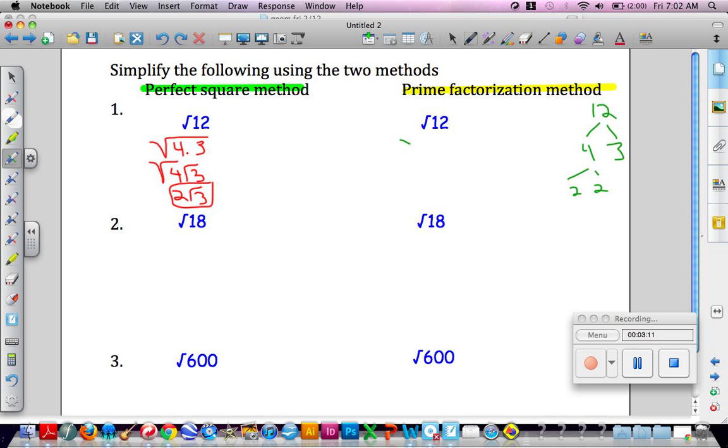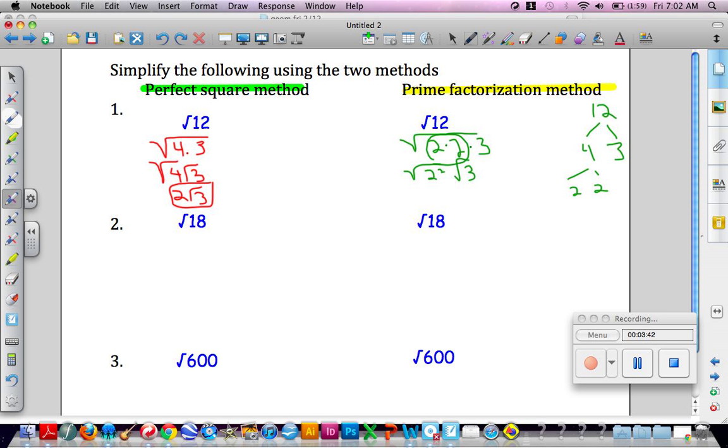All right, now we rewrite that underneath our radical. 2 times 2 times 3. 2 times 2 is really 2 squared. So I'm writing that under a radical. And then I have root 3.